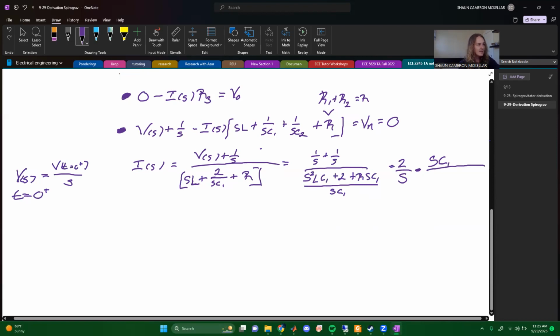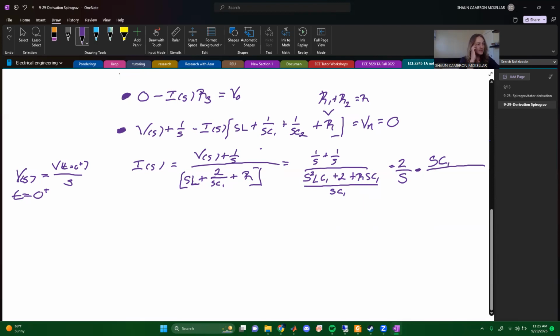Well, the next step with this factorization is to isolate the leading term of S. That is to say that the coefficient on S squared, which is my leading term, my highest power, is LC1. So I want to factor that out of all my components.